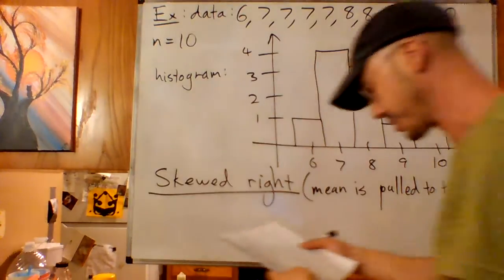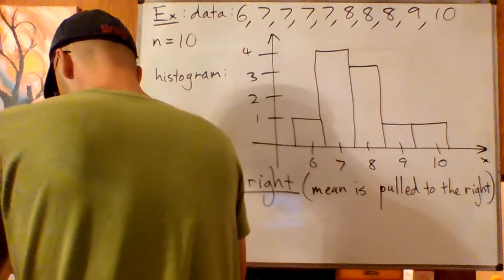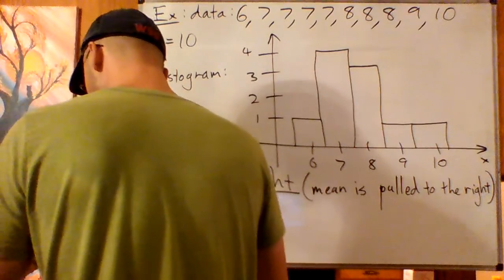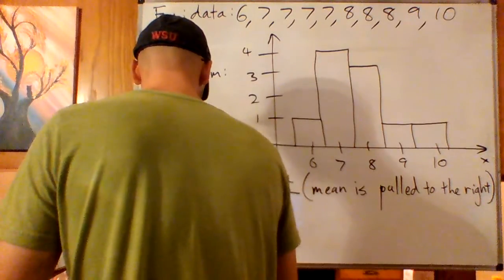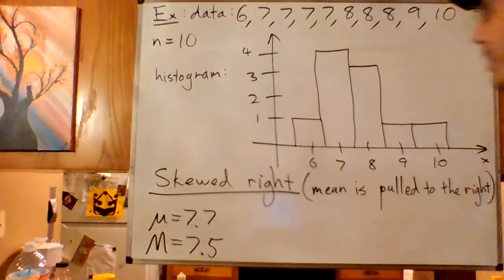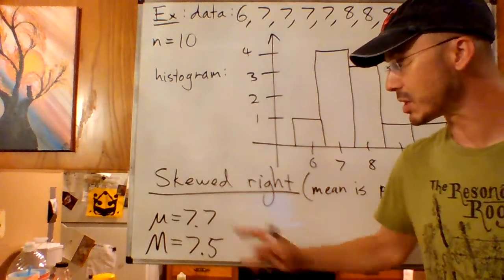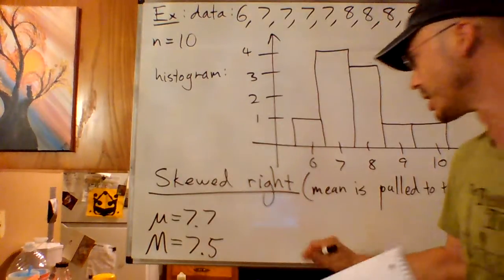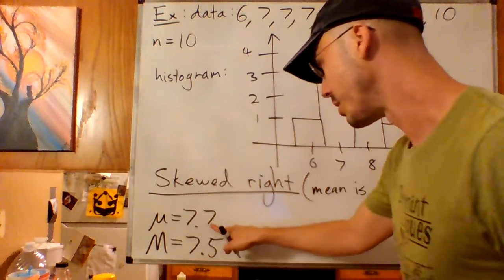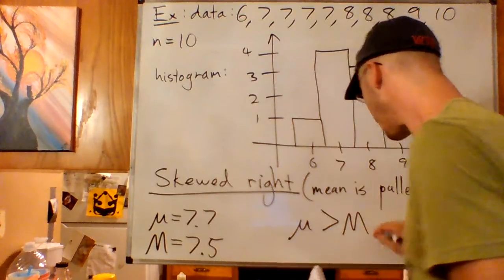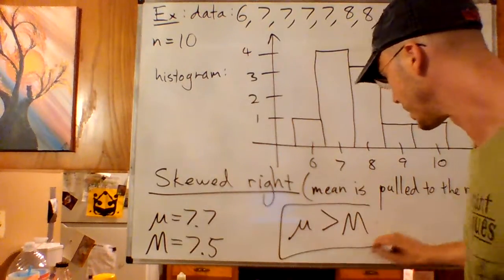And in this case, the mean is 7.7, and the median is 7.5. So this is kind of similar to what we've been seeing with the mean and the median before, except this time, the larger one is the mu.